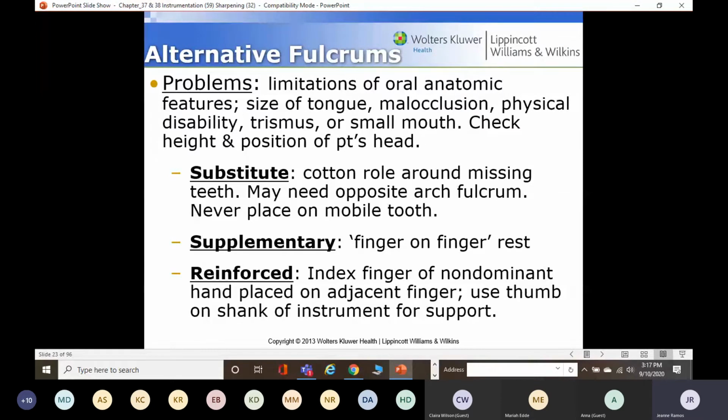Supplementary fulcrum usually means a finger on a finger. So if I was right-handed, and I'm doing the facials of the premolars and molars on the lower right, I'm sitting there, and maybe they have a small mouth.